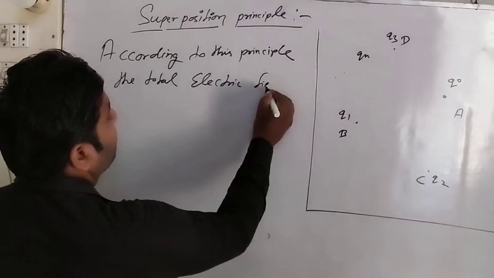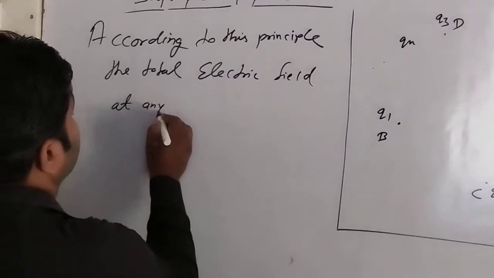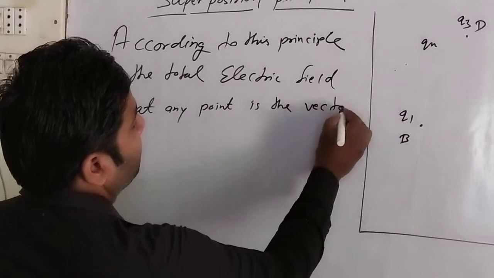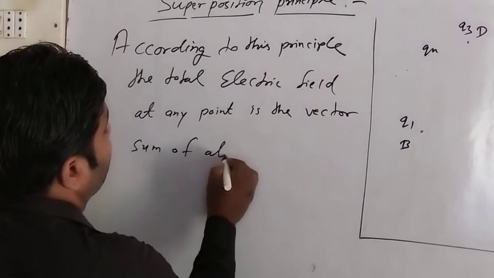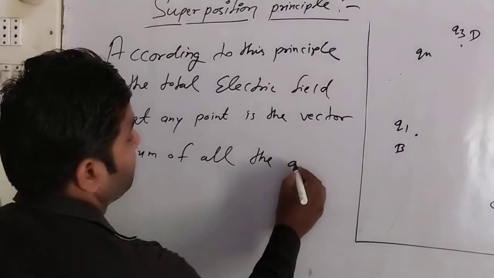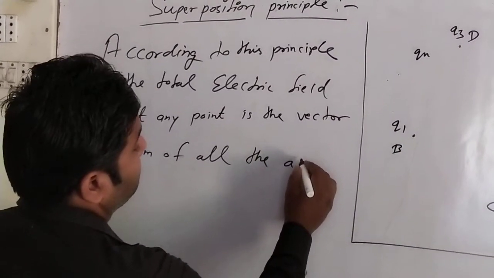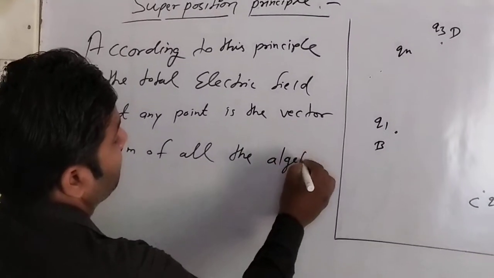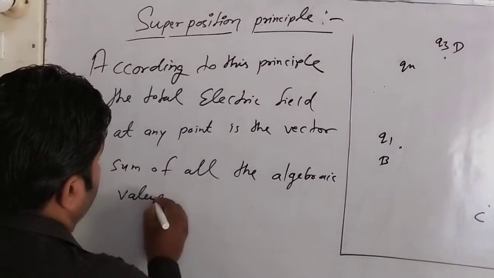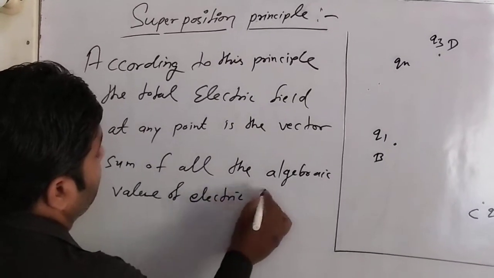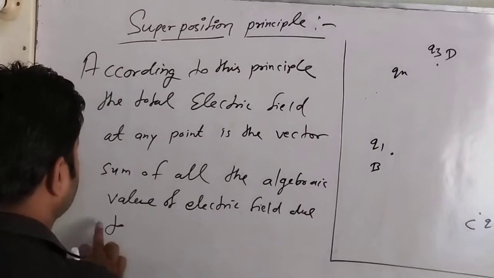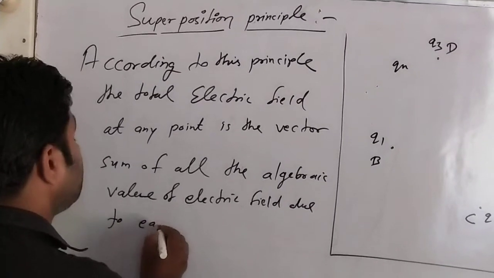The total electric field at any point is the vector sum of all the algebraic values of electric fields due to each charge.